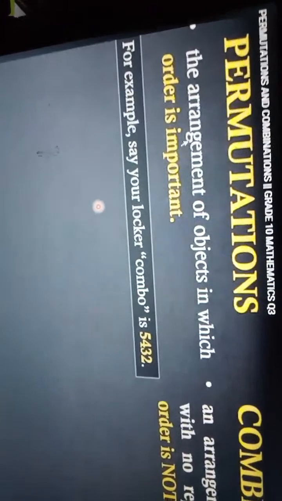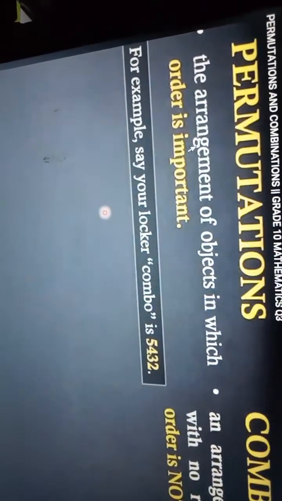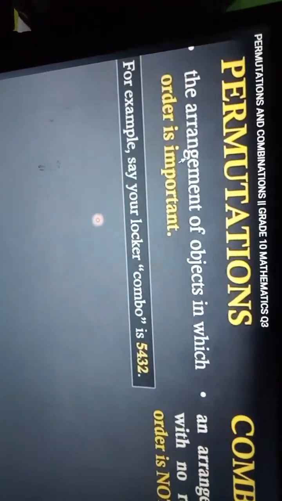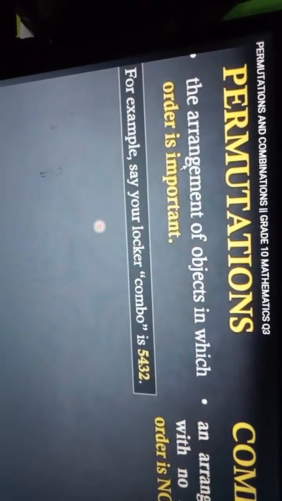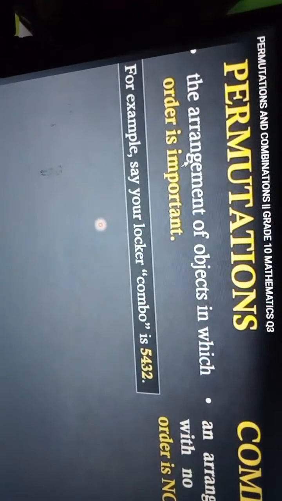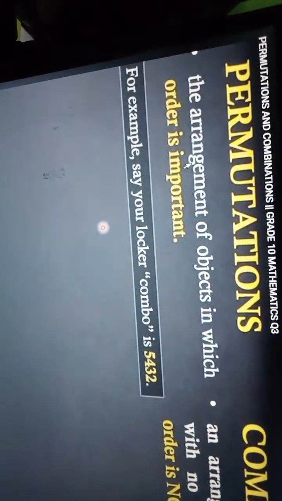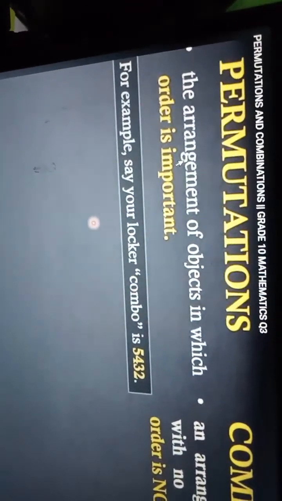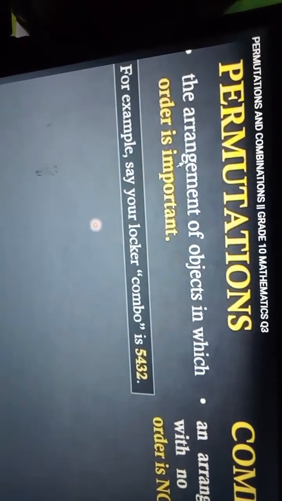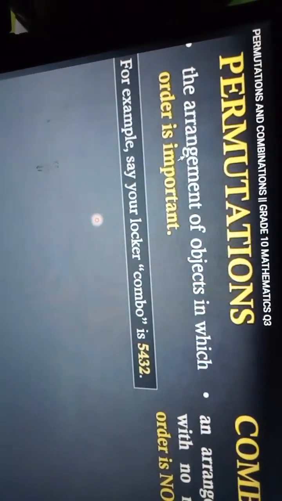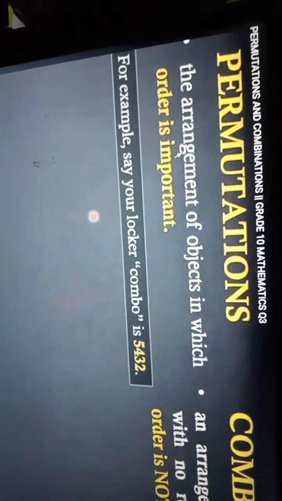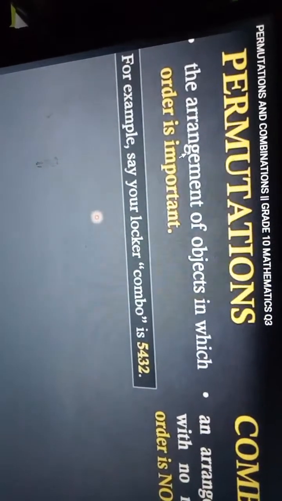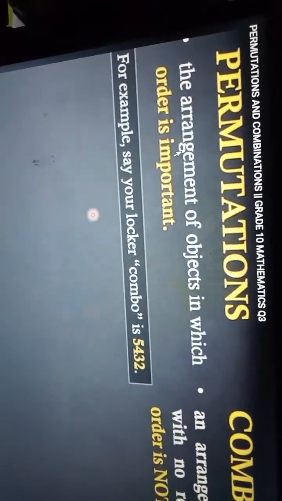In the study of permutation of an object, we can see two formulas: nPn, taken all at a time, and nPr, taken r at a time. The formula for nPr, permutation taken r at a time, is n factorial all over the quantity of n minus r factorial.